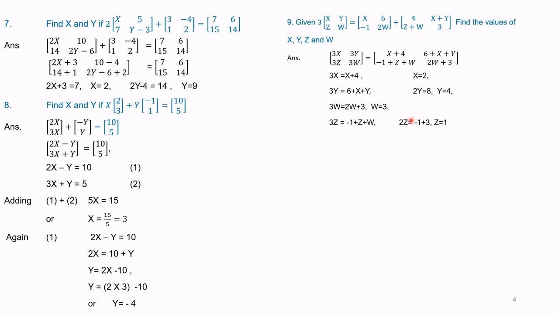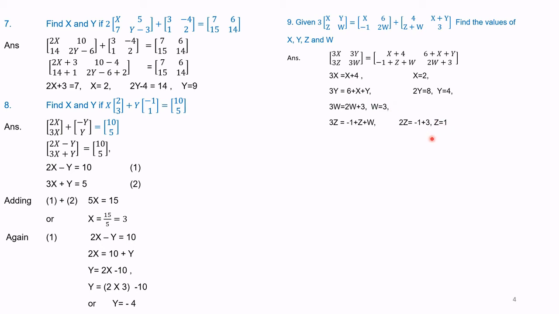W we have calculated previously as 3. Therefore, minus 1 plus w is minus 1 plus 3. Therefore, 2z is equal to 2, or z is equal to 1. Thus, we have solved the problem and our answer is x is equal to 2, y is equal to 4, w is equal to 3 and z is equal to 1.